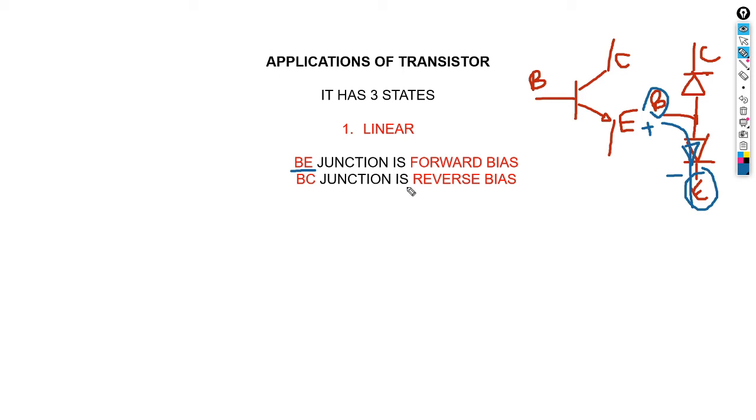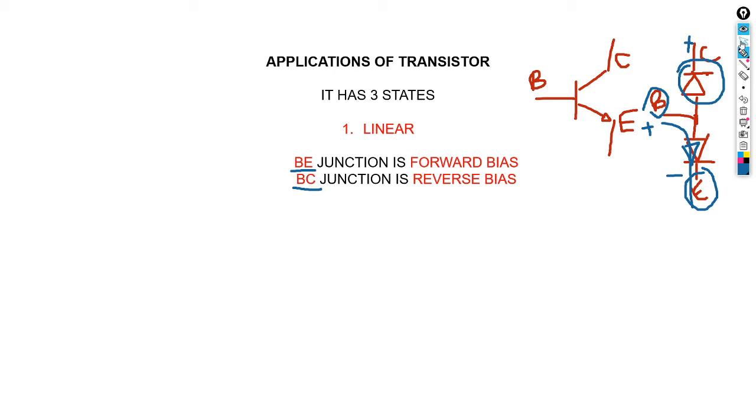And then again, in order for it to be linear, the base collector junction must be reverse bias. What happens when we talk about reverse bias? This junction must be reverse bias, which means we are going to have a positive at the collector, so that this will be reverse bias.